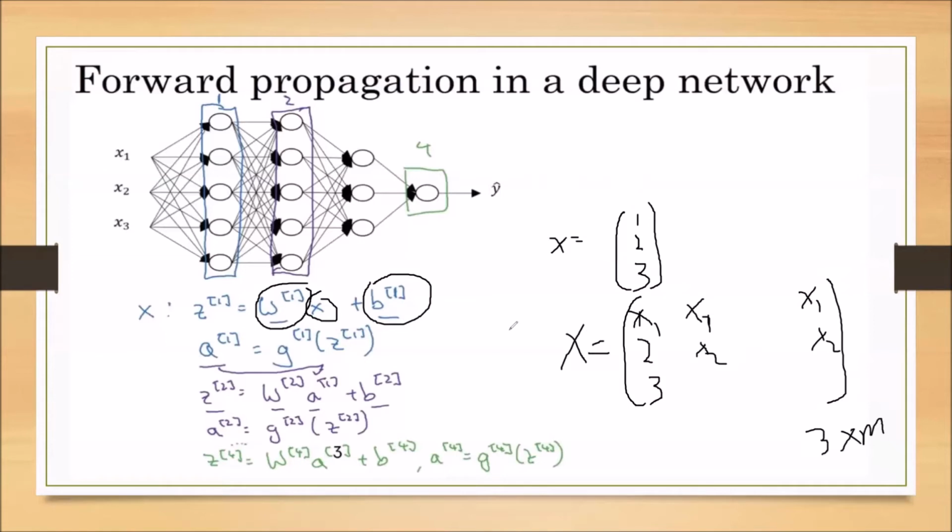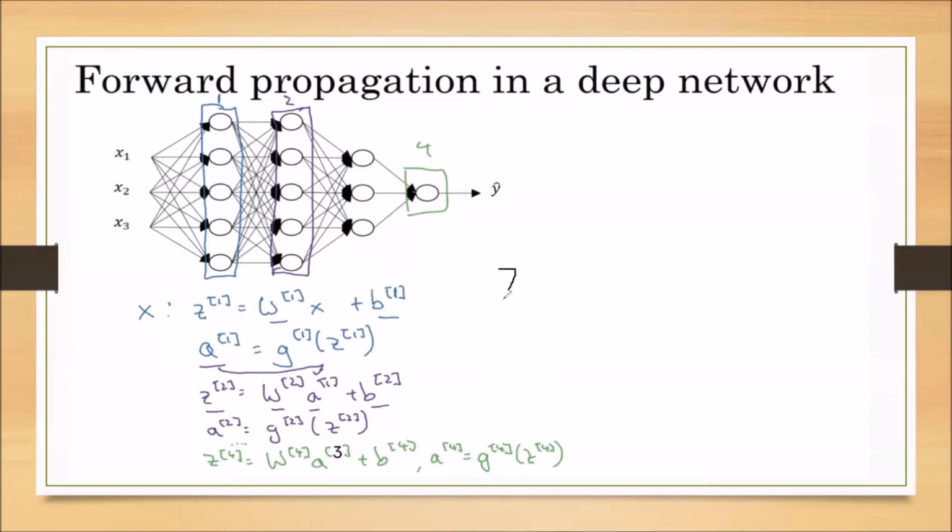Because the capital X matrix is changed to a 3 by M matrix, depending on that, the capital Z also changes. Because the capital Z is changed, capital A is also changing. Now how is the Z changing? The capital Z is nothing but the activation units' Z. Example, if I take the first layer, activation units are 5.